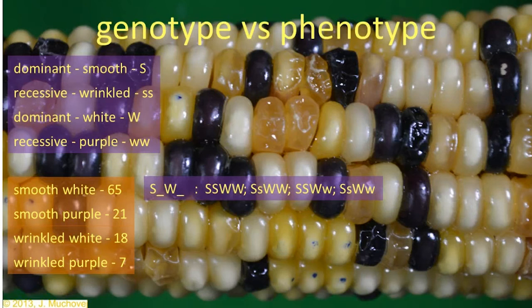Right? So all these possibilities would give us a smooth white.